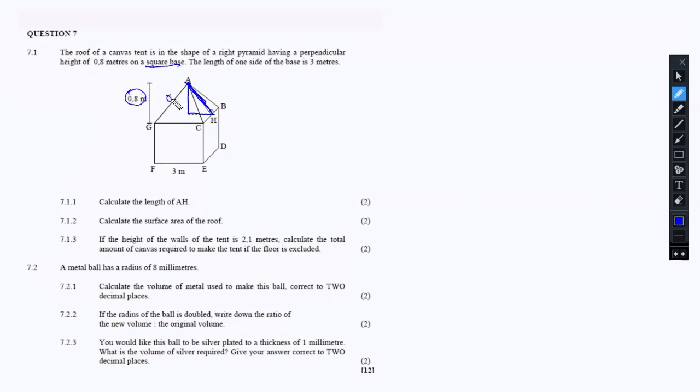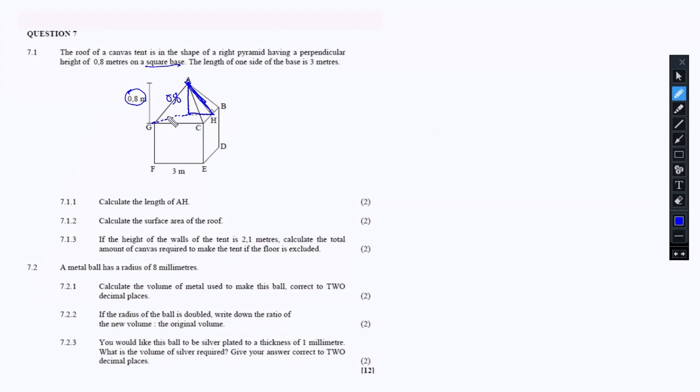So if in here it's 0.8, I know it might look a bit off as if this height can't be the same as that height. But then it is actually the slant height over there. So the height that you are seeing from point G all the way to A is the very same height here. So in 3D, it might look a bit confusing, but then if you can just do like this, you would see that actually this lies on the same plane, right? So this is our perpendicular height like that.